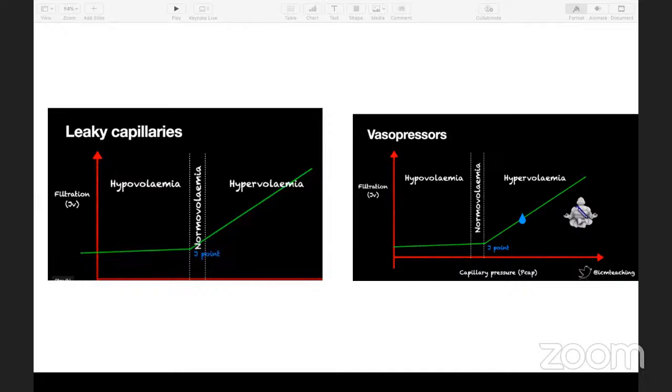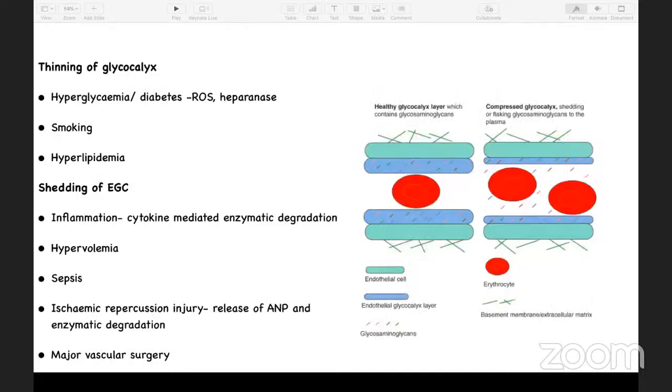Hope it makes sense. So there are things that happen and damage the glycocalyx: hyperglycemia, smoking, and hyperlipidemia. Those are things we usually encounter. But for our fluid management, hypervolemia has been shown to damage the glycocalyx. Also, hypovolemia has been shown to damage the glycocalyx.